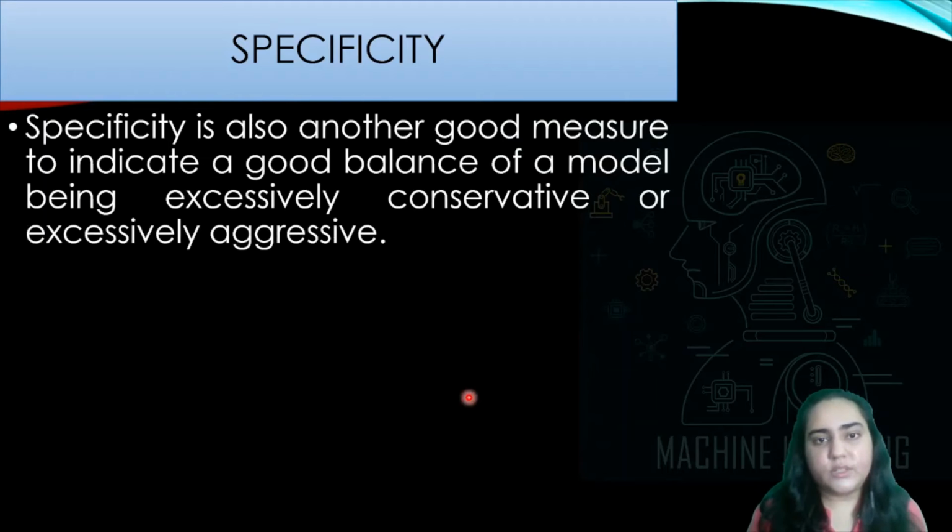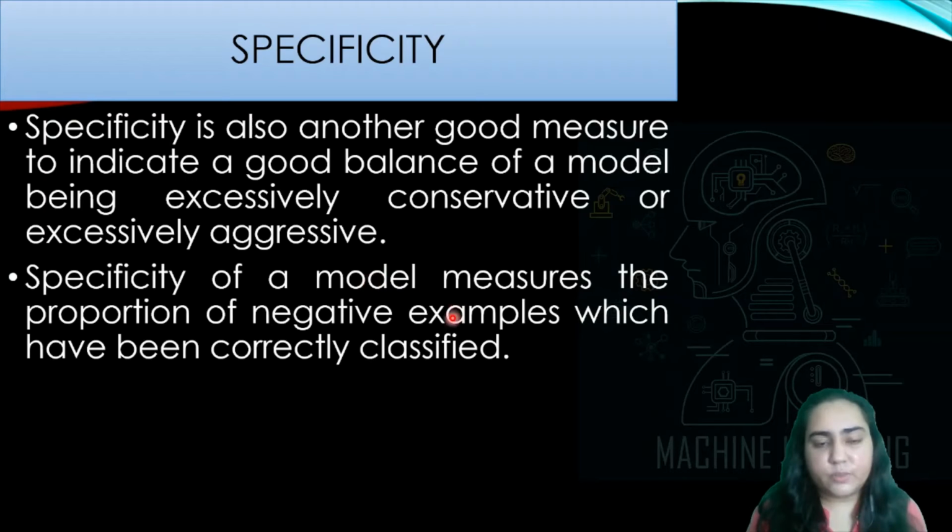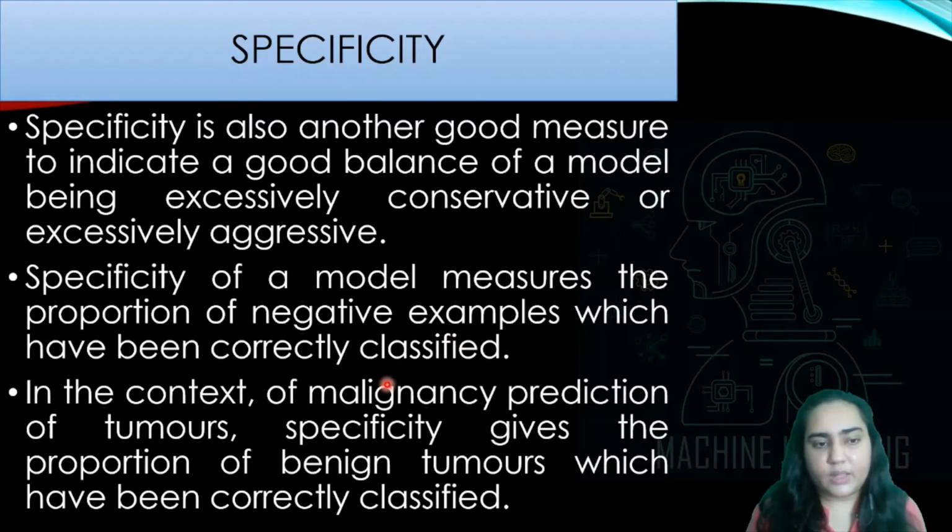The next measure is specificity. So it is also another good measure to indicate a good balance of a model being excessively conservative or excessively aggressive. It measures the proportion of negative examples which have been correctly classified. In the context of malignancy prediction of tumors, if you're trying to predict whether a tumor is malignant or benign, then specificity would give you the proportion of benign tumors which have been correctly classified.